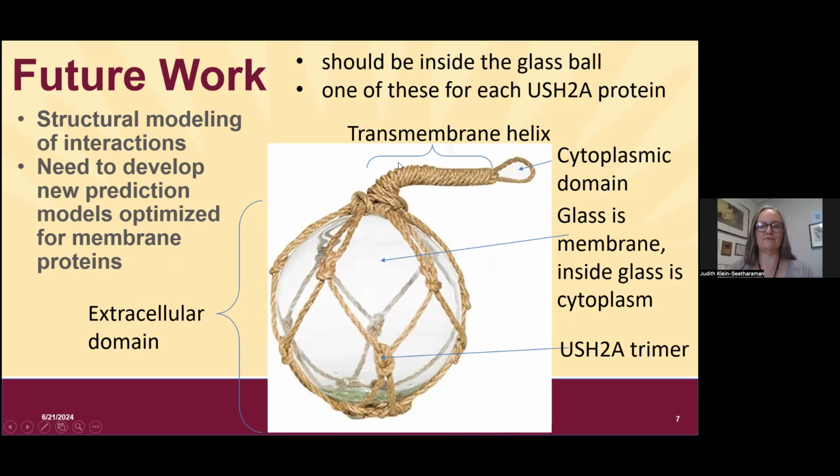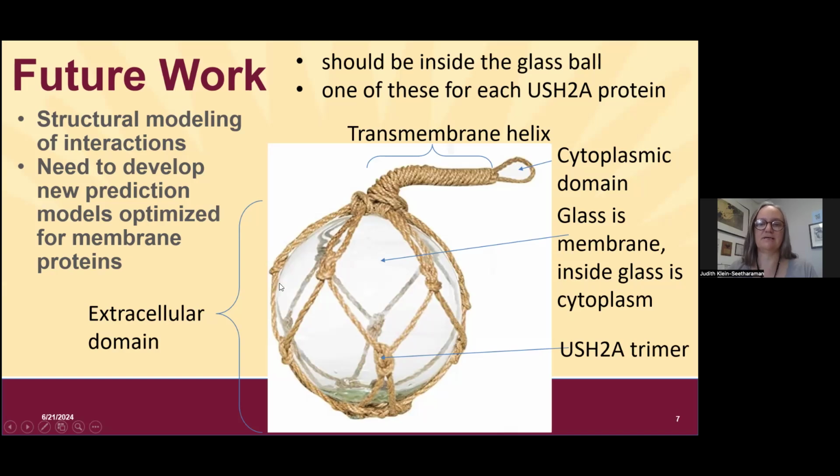So the way we are viewing the structural organization of Usherin at the moment is depicted here by this fisherman's glass piece. This is how we envision the Usherin protein would interact with the cell surface.